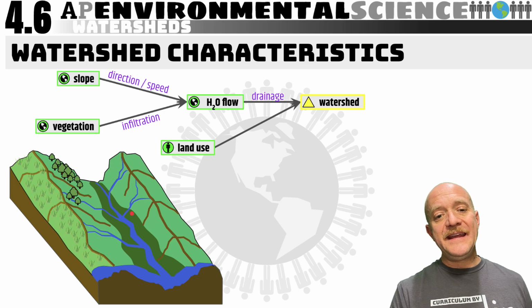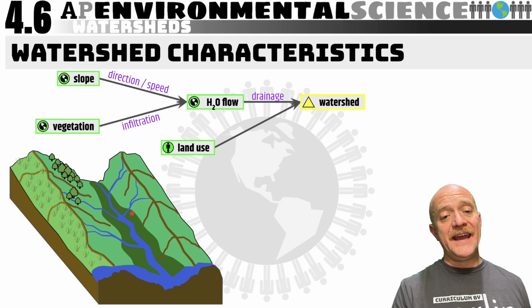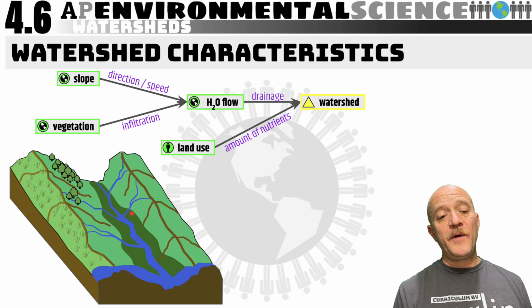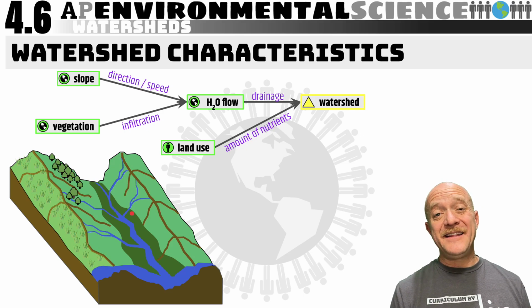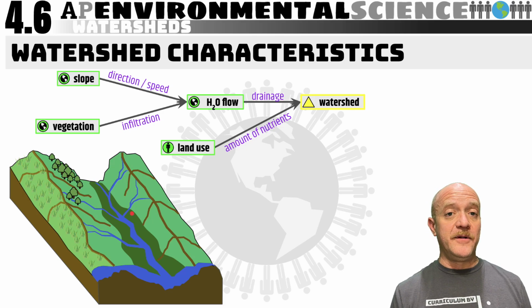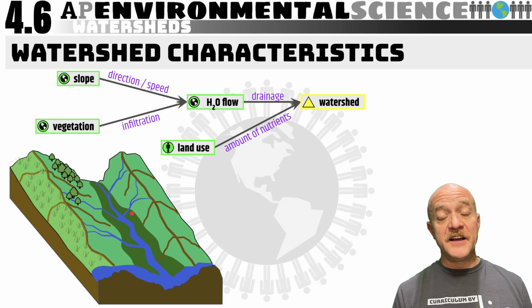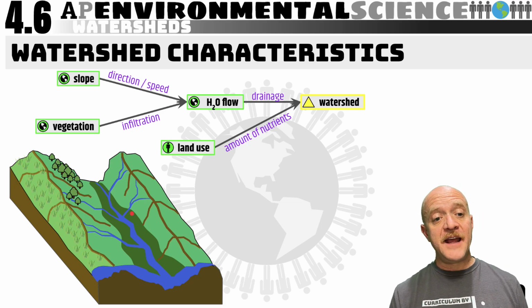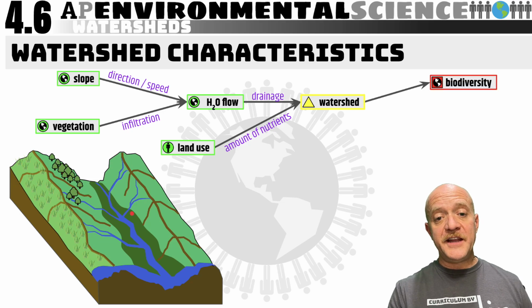Now, also, land use can alter the watershed, because the way we use the land can impact the amount of nutrients that we have in the runoff. Now, if we are using, for example, phosphorus and nitrogen-based synthetic fertilizers, that is going to lead to eutrophication.